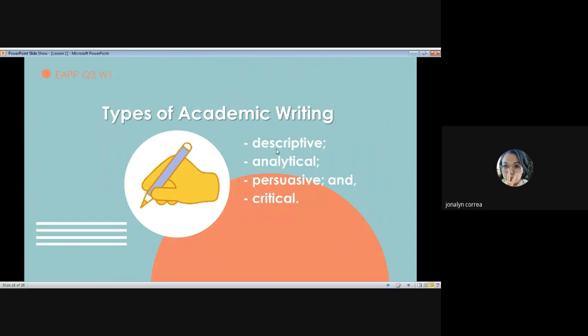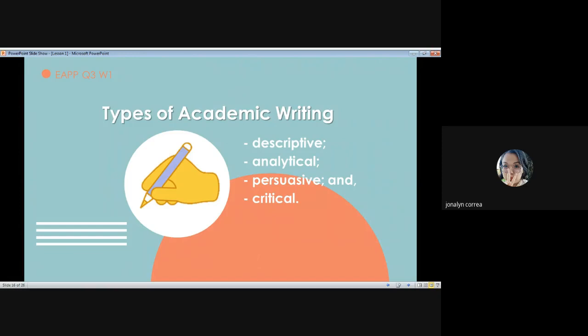So here are the four main types of academic writing. We have the descriptive, the analytical, the persuasive, and the critical. Each of these types of writing has specific language features and purposes. So we use these four types of writing differently.